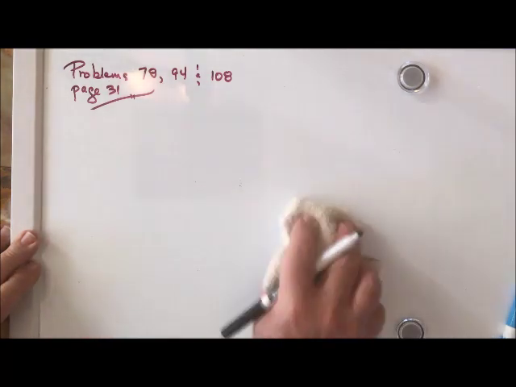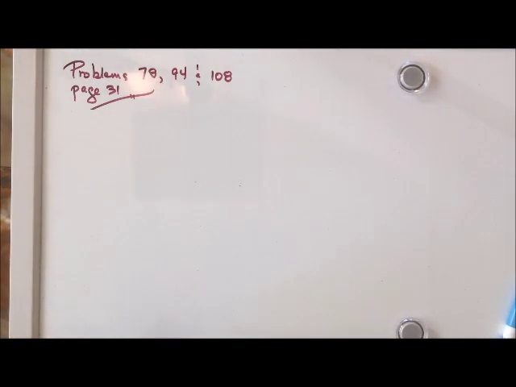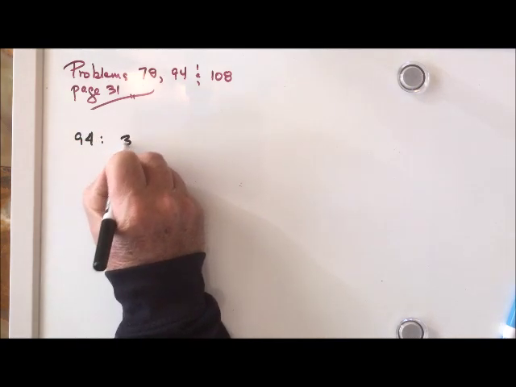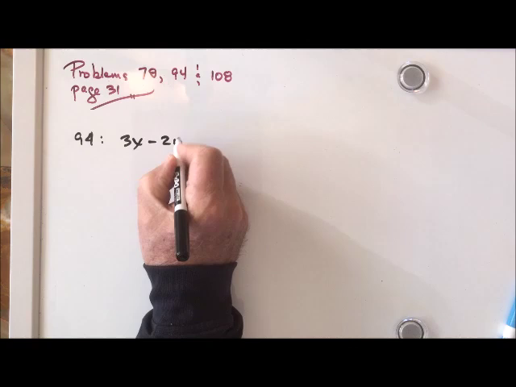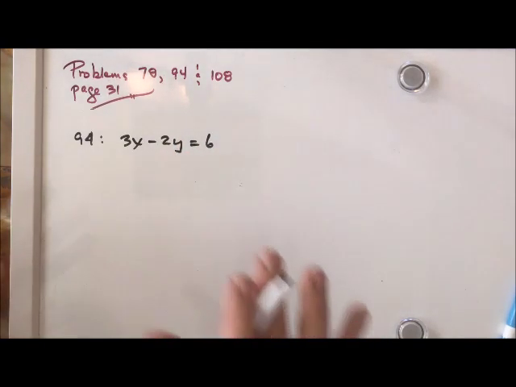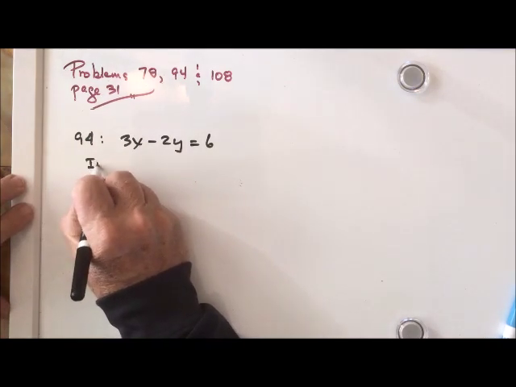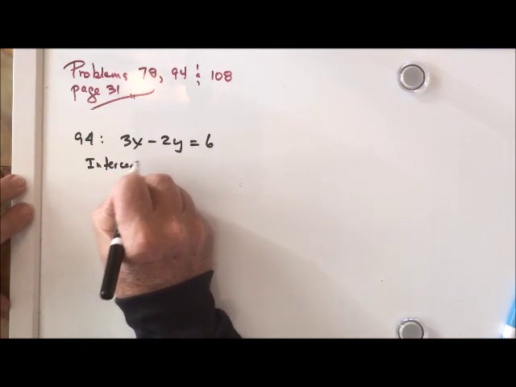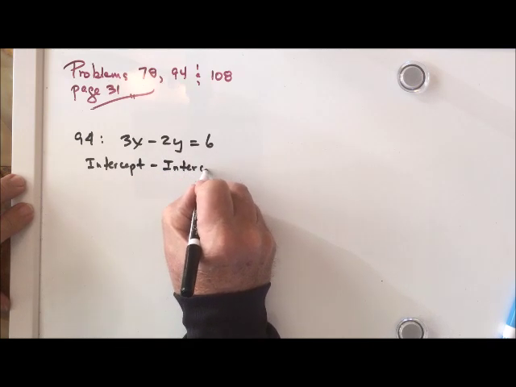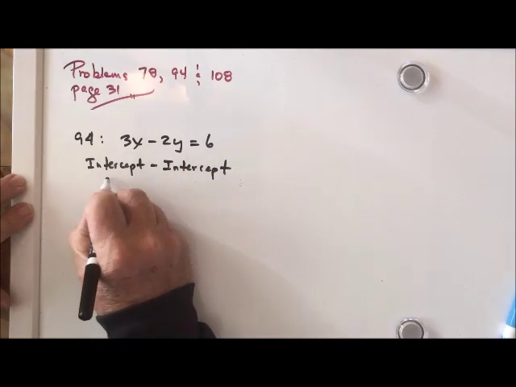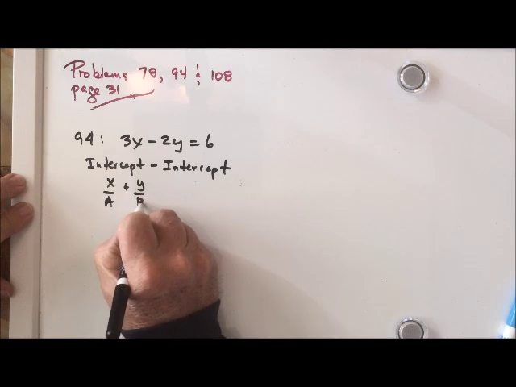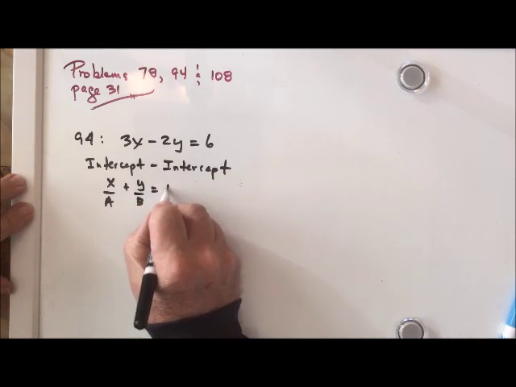Similar problem. In problem 94, you're given the following equation: 3x minus 2y is equal to 6, and you're asked to find the intercepts. I very much like the intercept form for a line. There's slope-intercept, there's point-slope, there's the standard form, and there's the less well-known intercept form, which is x over a plus y over b is equal to 1.